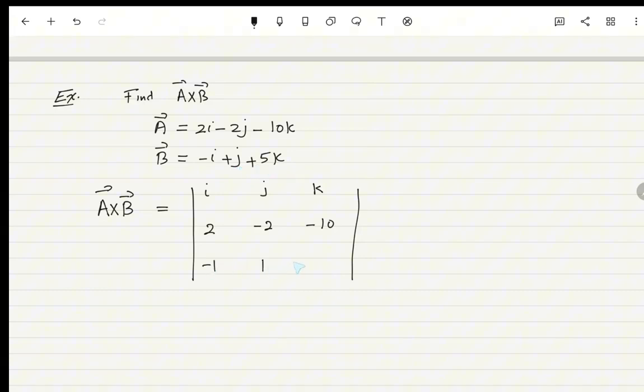Minus 1, 1, 5. Now to find the result of this determinant, you hide this row and hide this column.